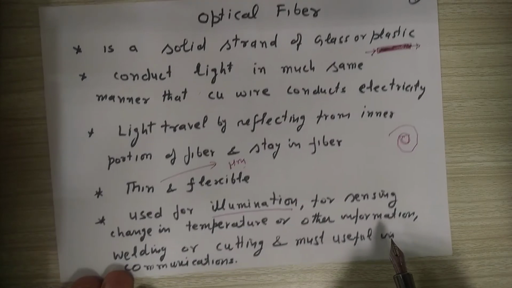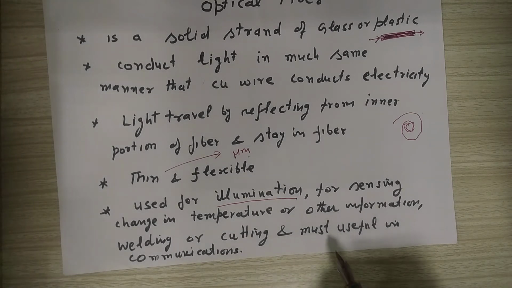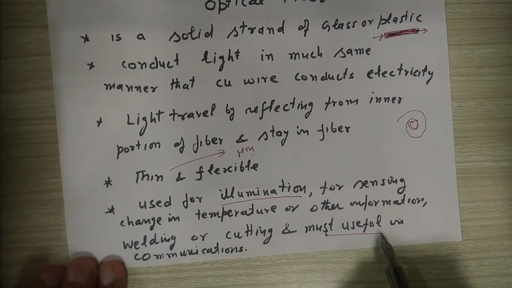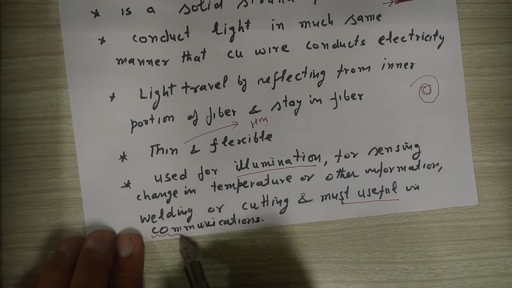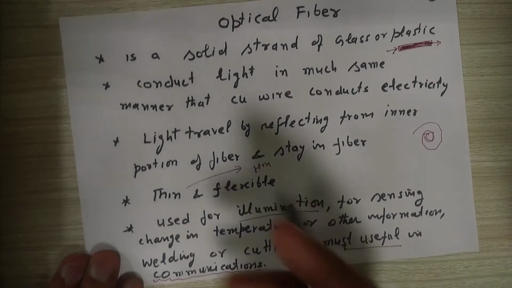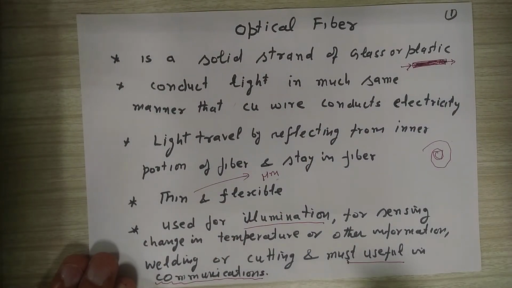It can also be used for welding and cutting in industry, and in the medical field. But the most useful application of this fiber is communication. So this is regarding the nature of the optical fiber: it is a thin strand of glass or plastic, and it conducts light like that.